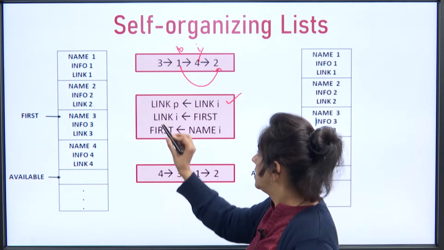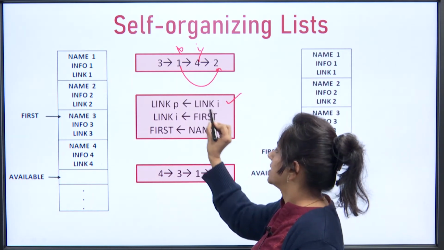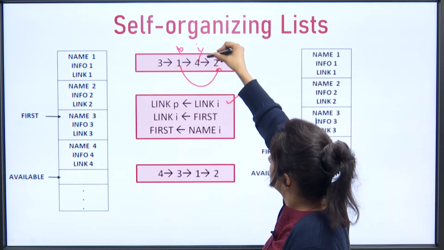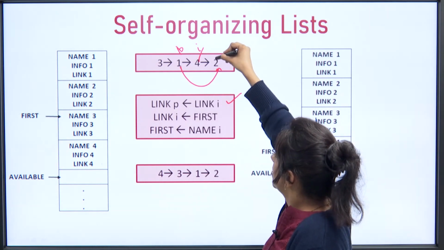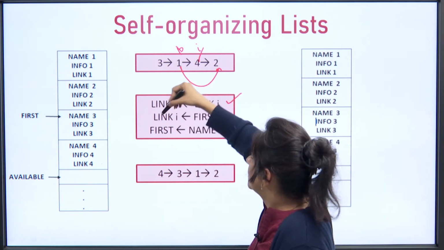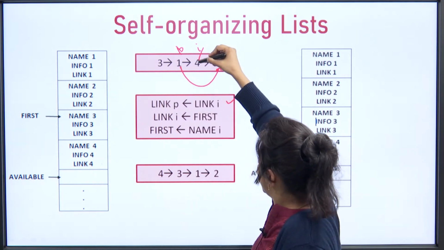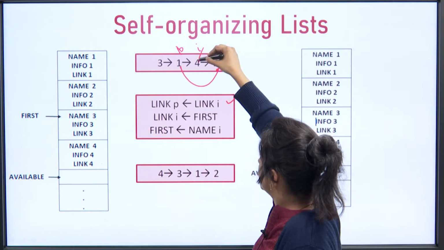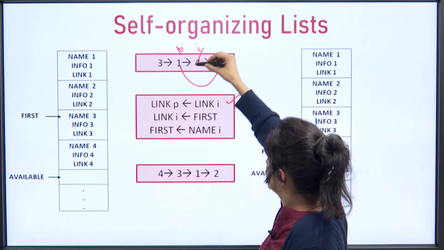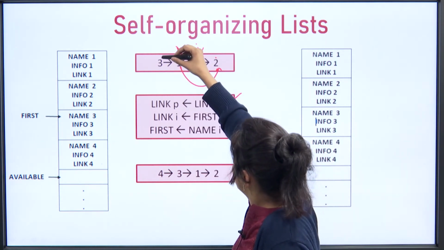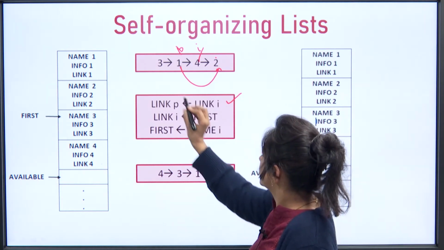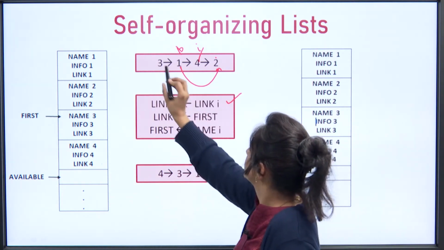Now next, first will be assigned to link of I. Link of I is this node actually. Now first will be assigned to this, meaning first is assigned to 4, and what is first? First is 3.